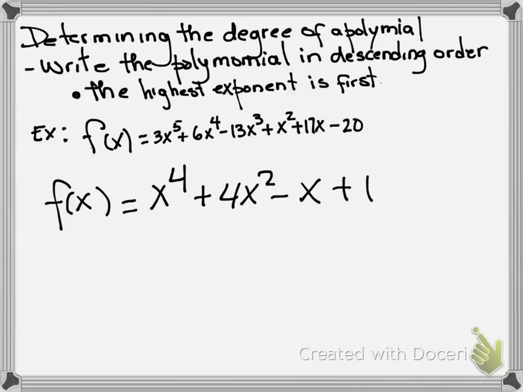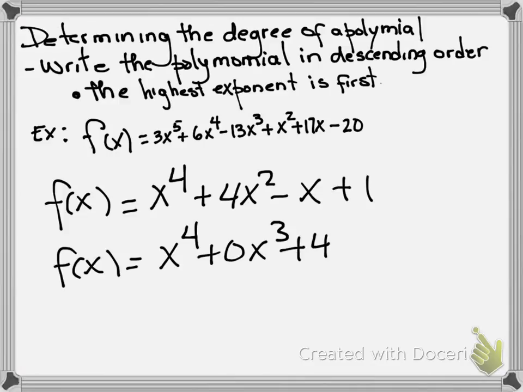When we start looking at dividing polynomials such as long division or synthetic division, when we have a term missing, when we put it in order, we're going to have to write it such that it is x to the 4th plus 0x to the 3rd plus 4x squared minus x plus 1.